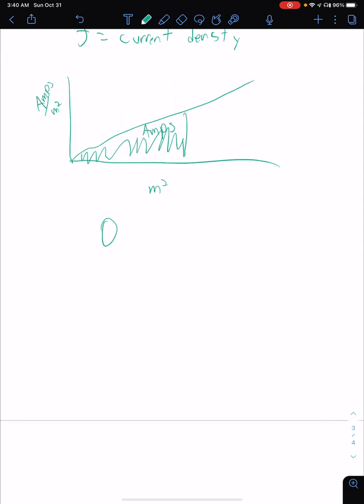Okay, Ohm's law. The direct definition of Ohm's law: in electrostatic equilibrium, the electric field inside of conductors is zero.